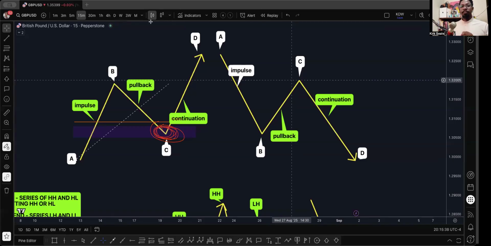C is only going to occur when the trend that's at B to C stops. C is going to show up when the trend that starts at B and comes down to C ends. That's where C shows up.